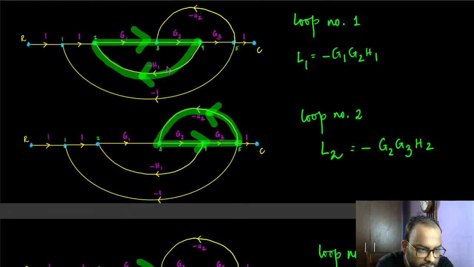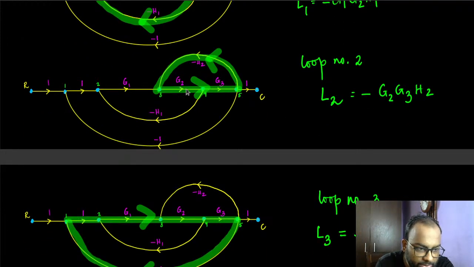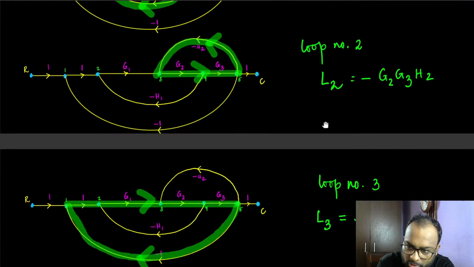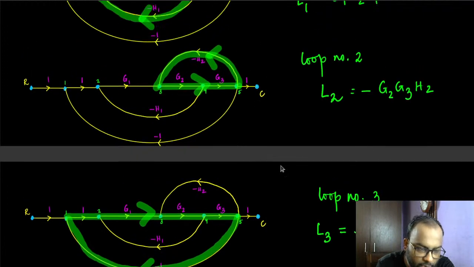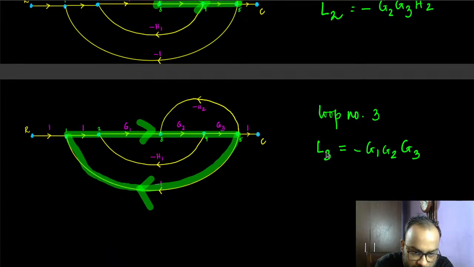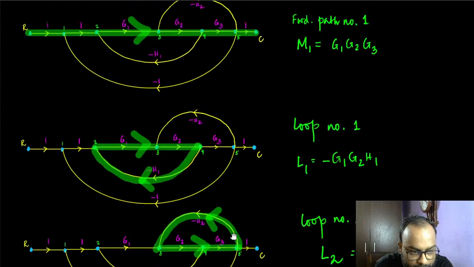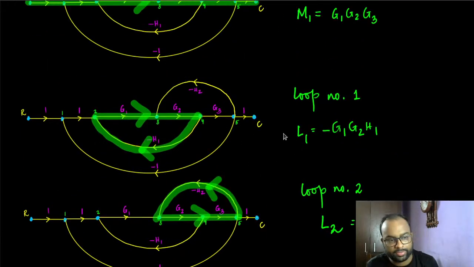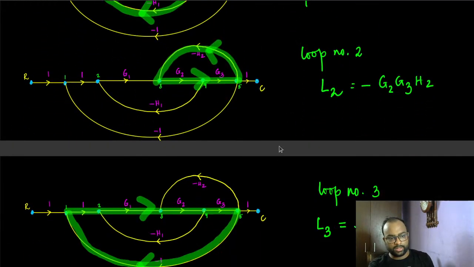So this was G1, G2 minus H1, and it was G2, G3 minus H2. You are absolutely correct about that. So in this loop the gains are G2, G3 and H2 with a minus sign, of course. And here it's going to be G1, G2, G3 with a minus sign.